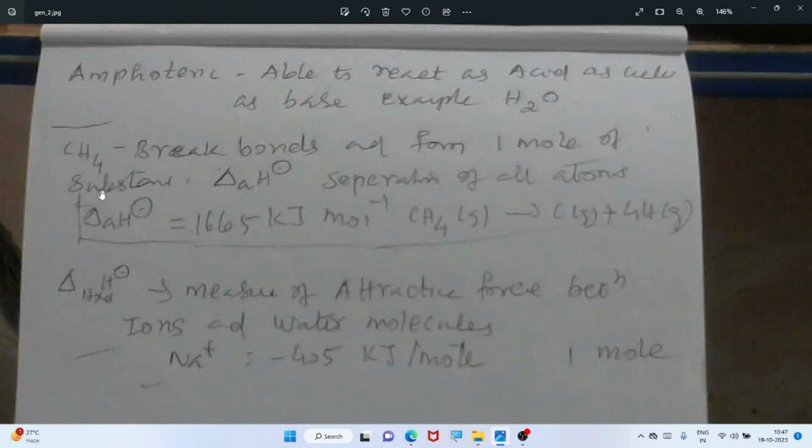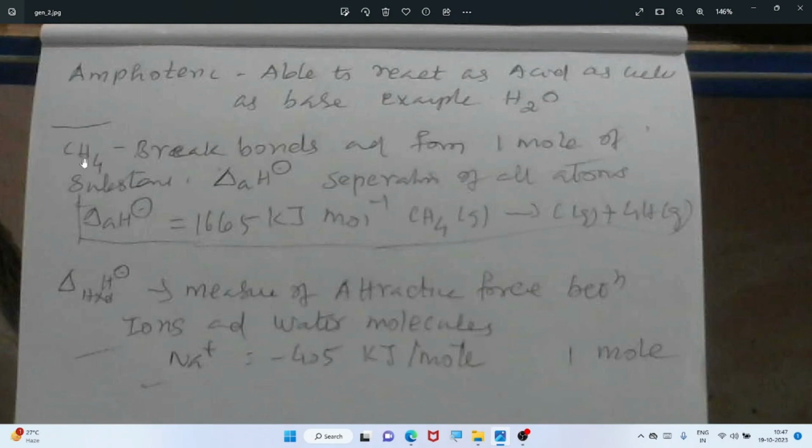The enthalpy of atomization is nothing but the total enthalpy for breaking all bonds between the atoms. Example, if you take CH4, there are 4 C-H bonds. Breaking all the bonds, what is the total enthalpy?